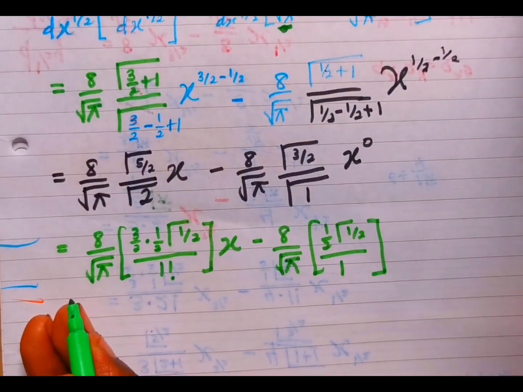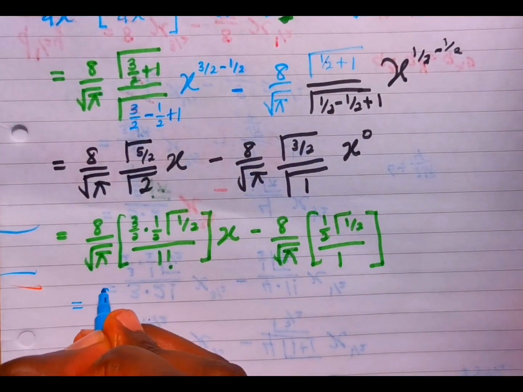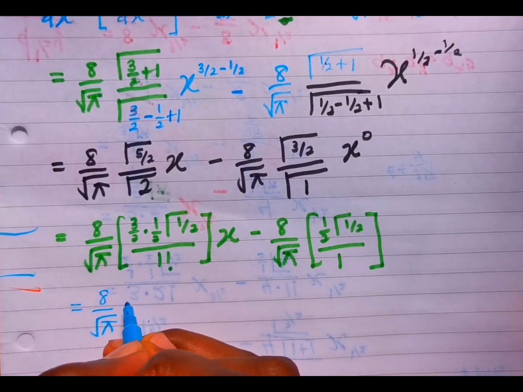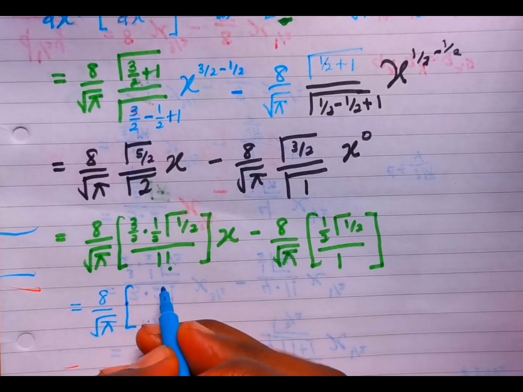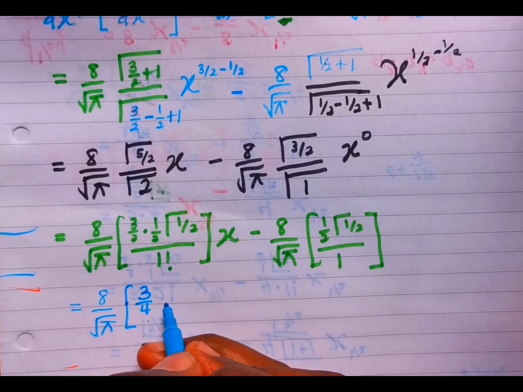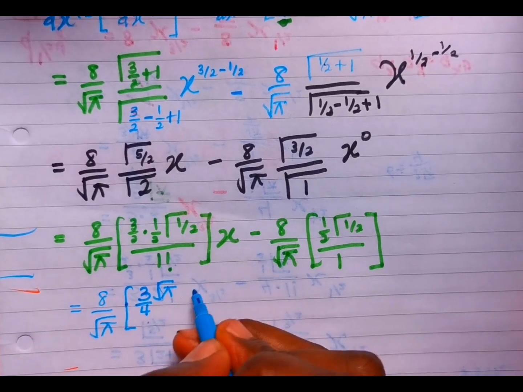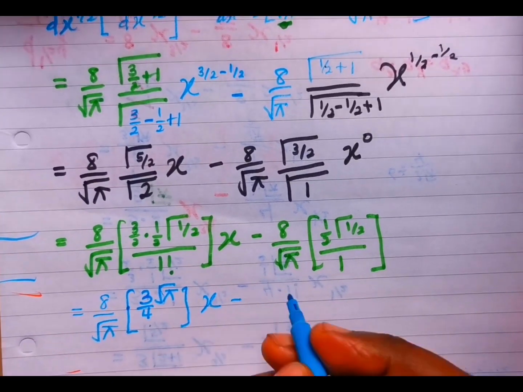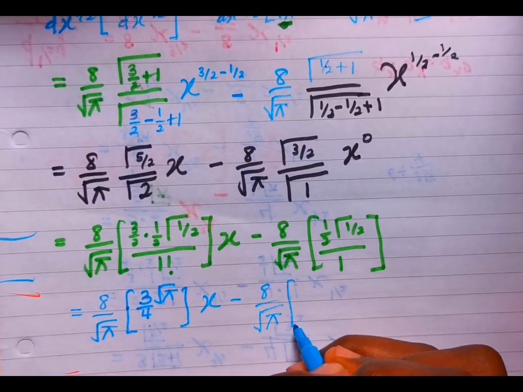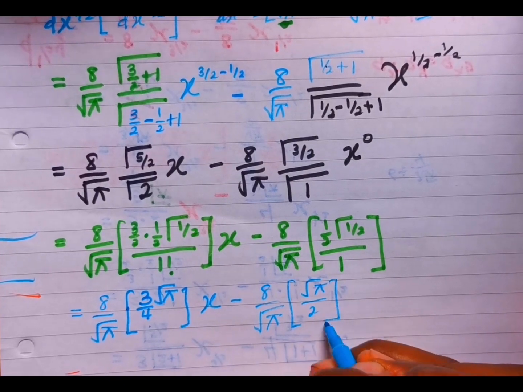So over here we are going to have 8 over the square root of pi, times the bracket of 3 over 4 and my square root of pi over here, times x, minus 8 over the square root of pi times the square root of pi over 2. Are we together?